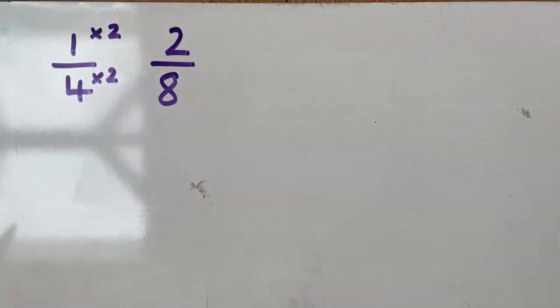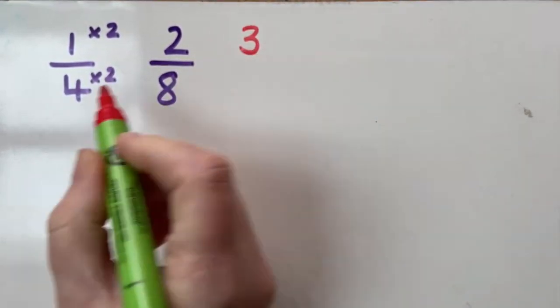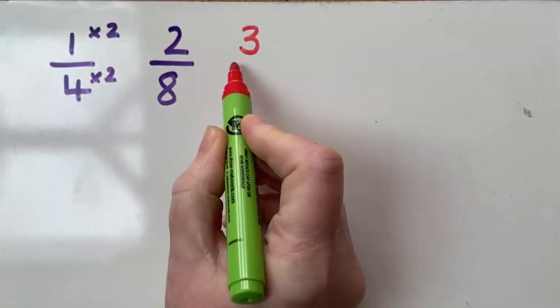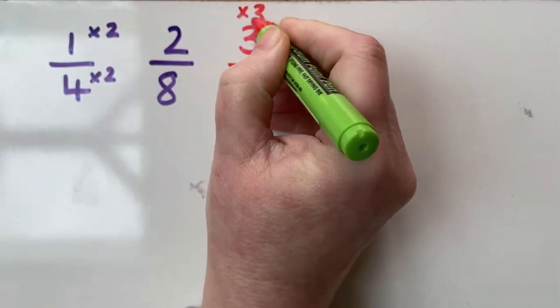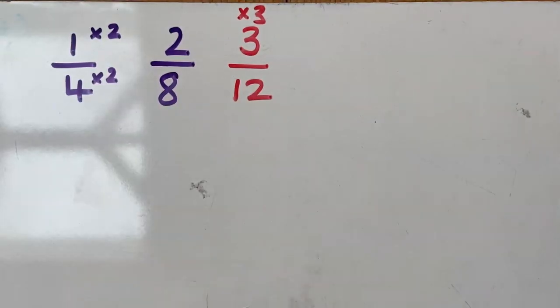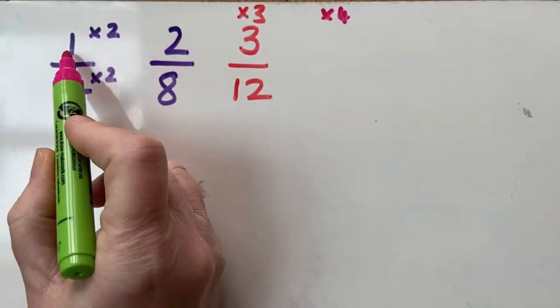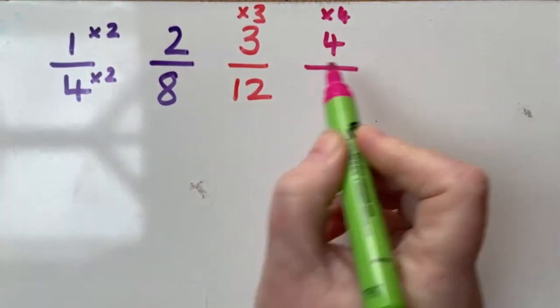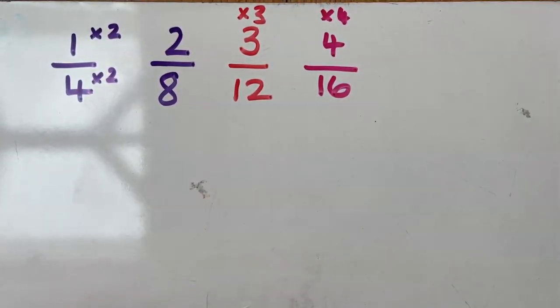And we can do 1 lot of 3 is 3, and 4 lots of 3 are 12. So that's if we multiply by 3. We could multiply each by 4. So the numerator would be 4 1s are 4, and the denominator would be 4 4s are 16. Well, that's okay because we can find all those fractions on our number line, can't we?